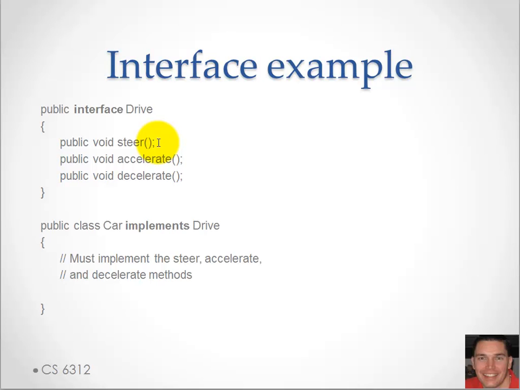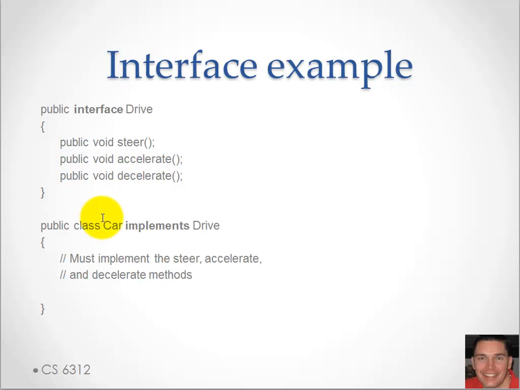So this is very similar to declaring an abstract method within an abstract class. In fact, all these methods are abstract methods, but since every method declared within an interface class cannot be implemented, they are by default abstract, and so you don't have to add the word abstract here. So this interface class has a steer, accelerate, and then decelerate.